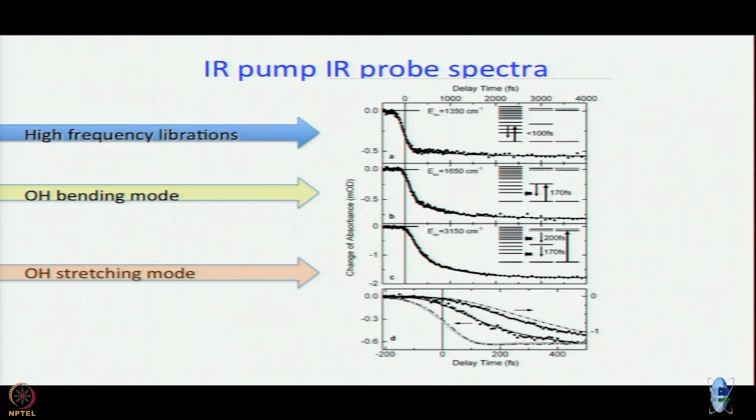Please read the paper and see how the data is analyzed. What they have done is fit the entire thing to a kinetic scheme, like an intermediate, A to I to P. When you do that, you get a kinetic equation, and that is what you have to fit your data to. You cannot just fit to two rises or anything. That is what they have done, and they have extracted the two times. They turn out to be 170 and 200 femtoseconds.